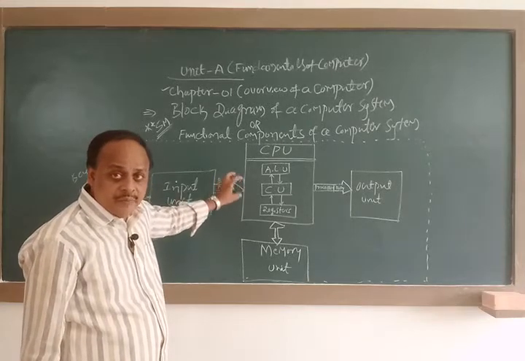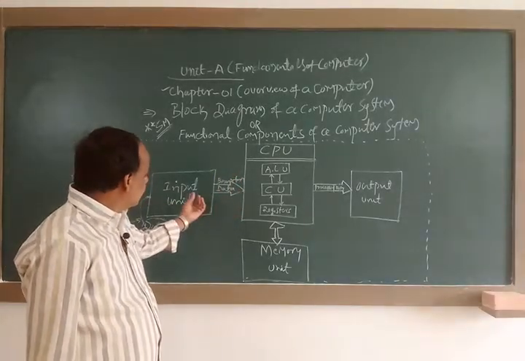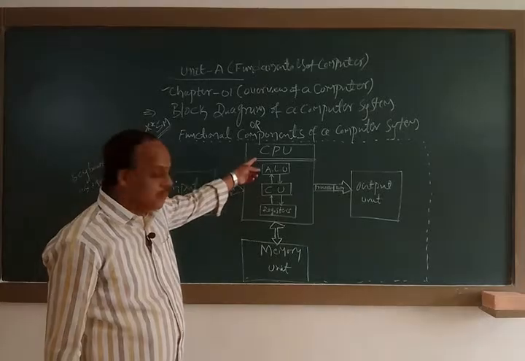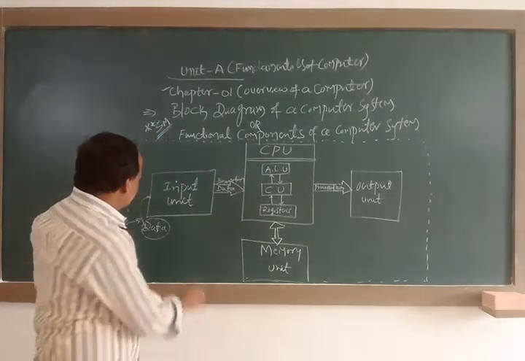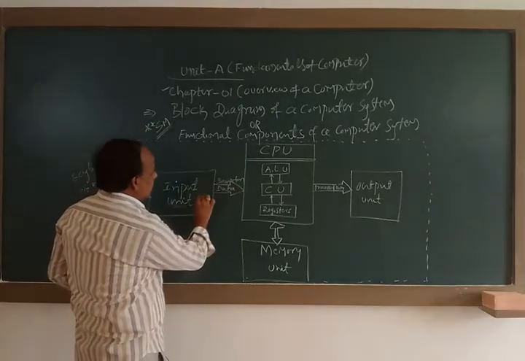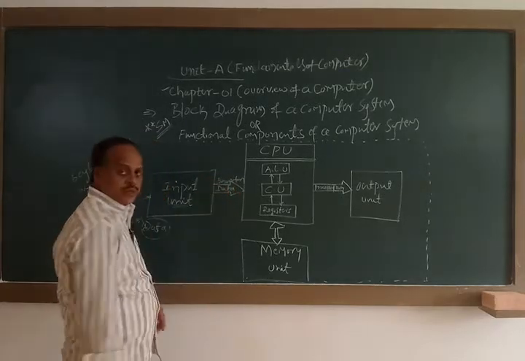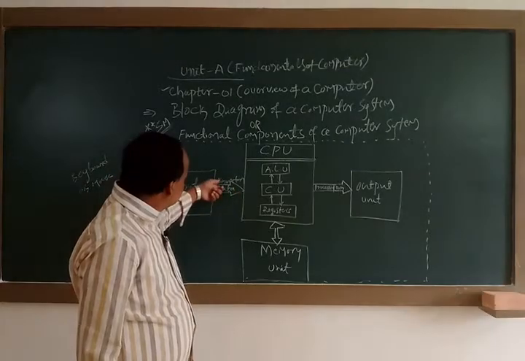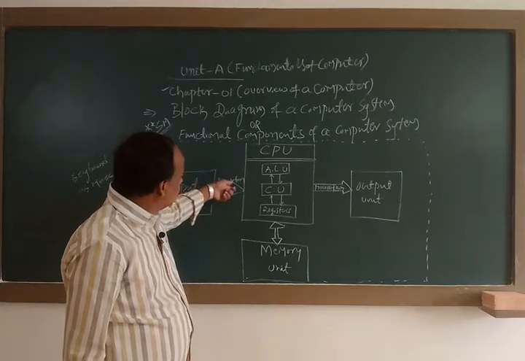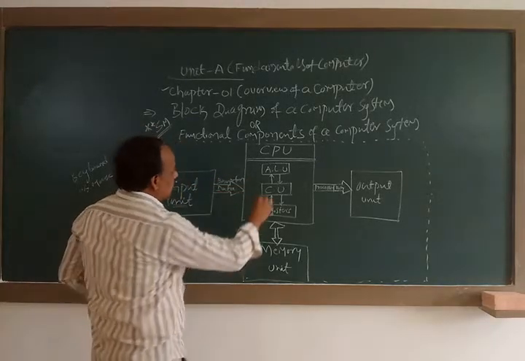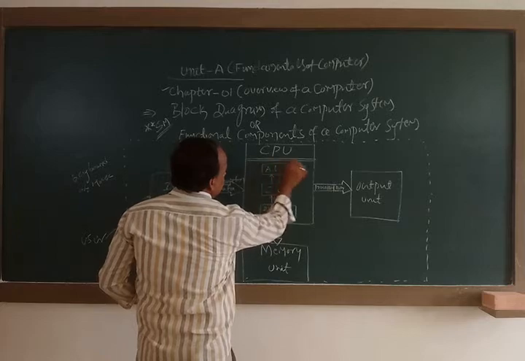When data is in binary form, then that data is transferred to the CPU. Now this binary form data is entering this second unit, that is the CPU.